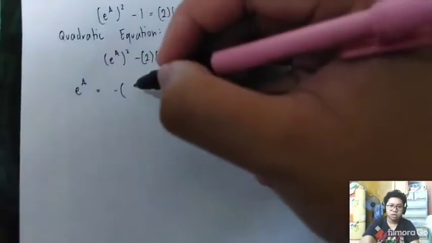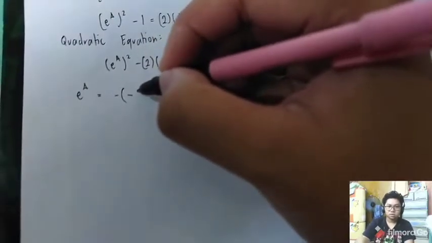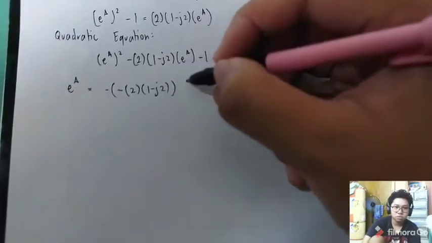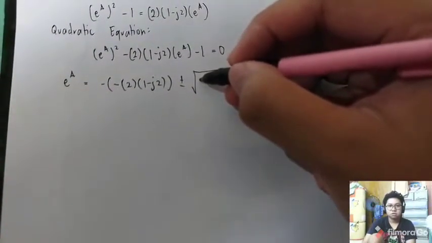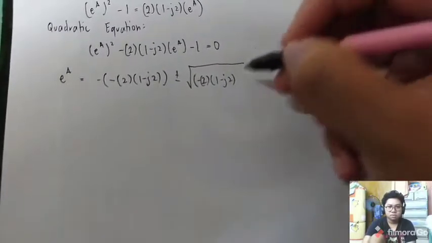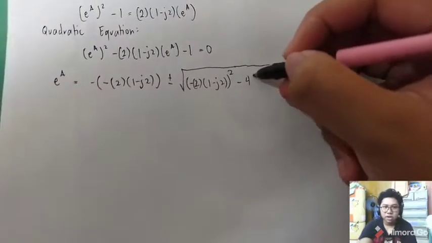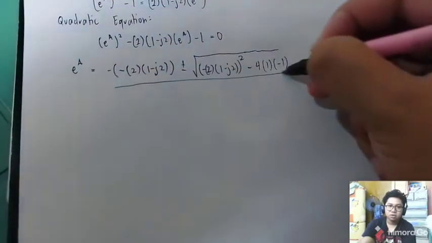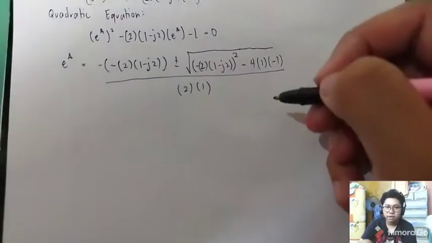e raised to a equals negative b, and our b here is negative 2 times 1 minus j2, plus minus the square root of b squared minus 4ac, where a is 1 and c is negative 1, all over 2a, which is 2 times 1.